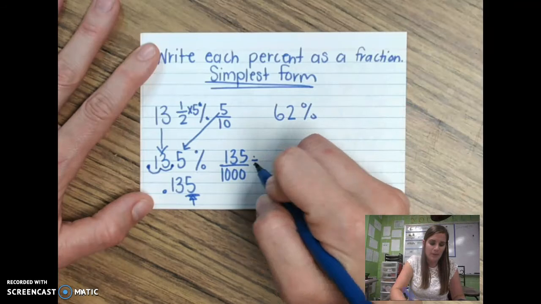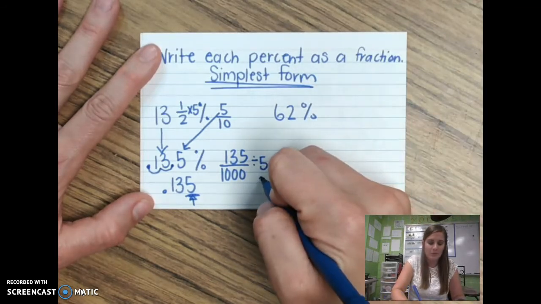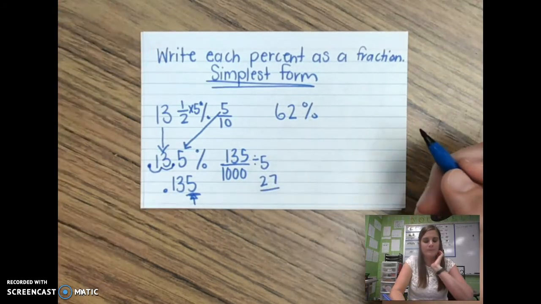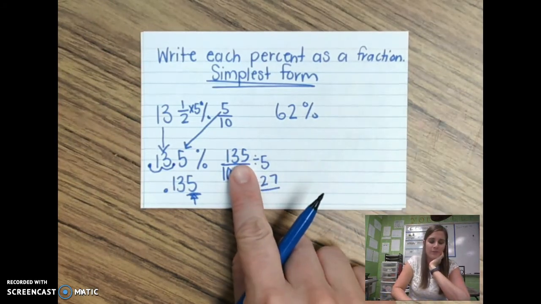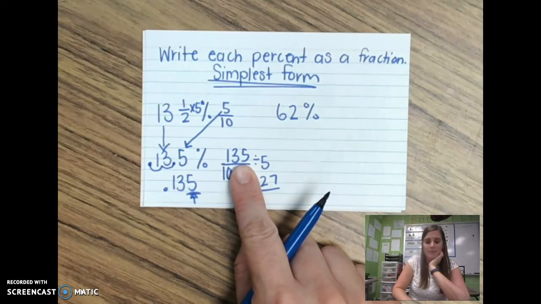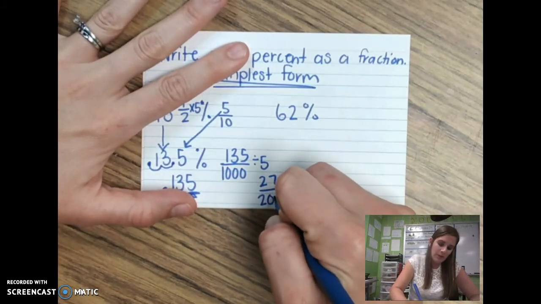And I'm going to divide by 5. 135 divided by 5 is 27. And then if I take those two zeros off, I have 10 divided by 5. That's 2. Then you add your 2 zeros back on, so you get 27 over 200.